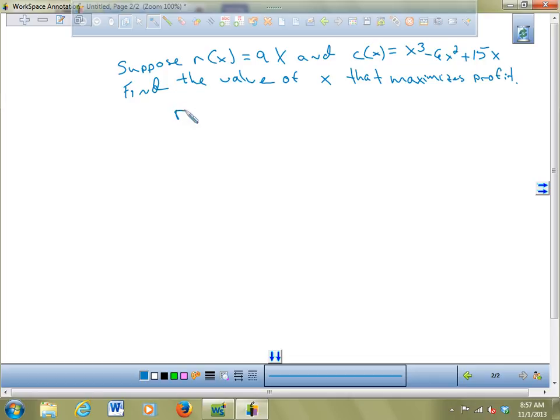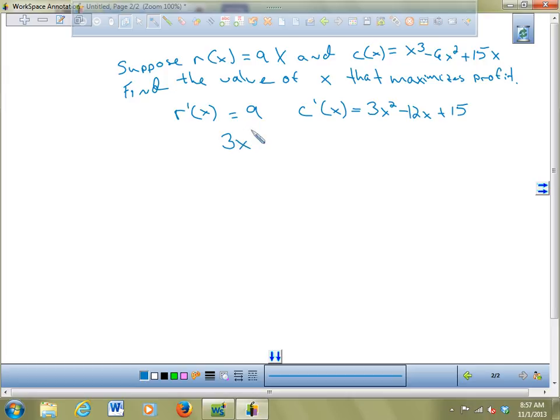R prime of x equals 9, and C prime of x is equal to 3x squared minus 12x plus 15. And you set those two equations equal to each other, because that's where the marginal cost is equal to the marginal revenue. And that would give you your maximum profit.